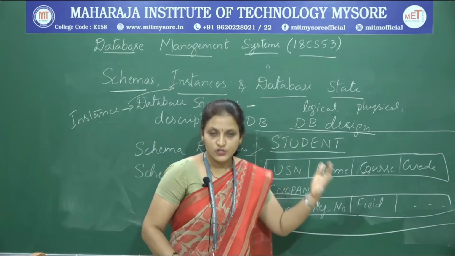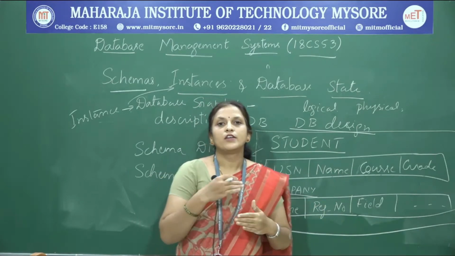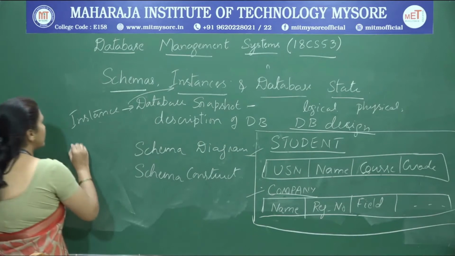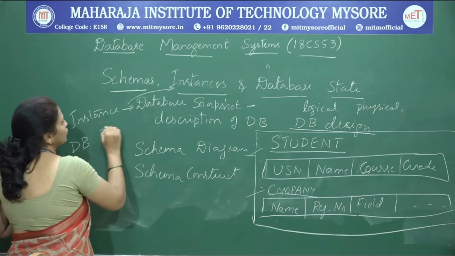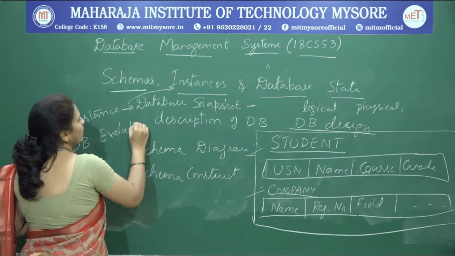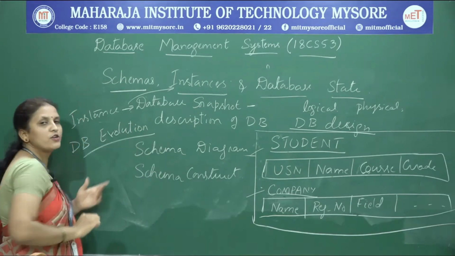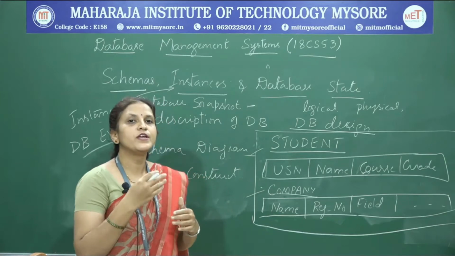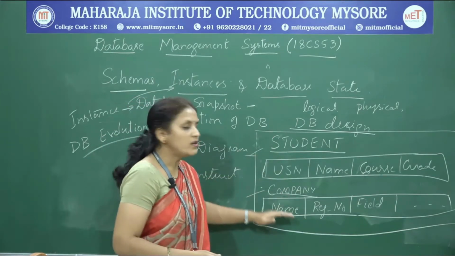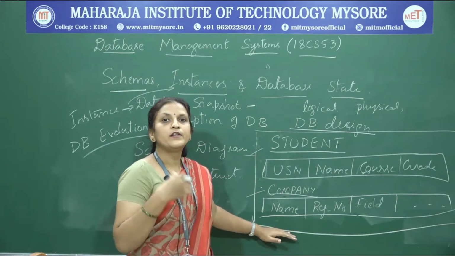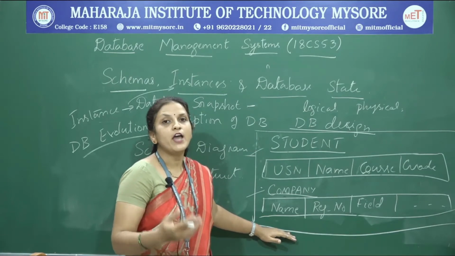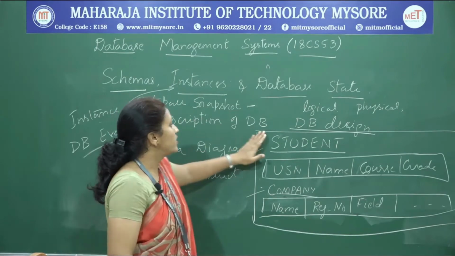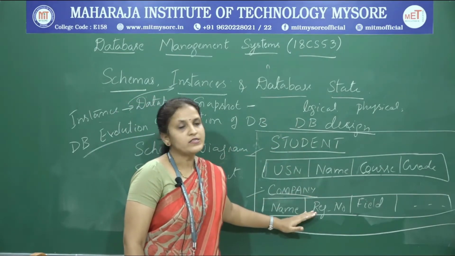If it undergoes changes occasionally to meet the requirement, then that is called database evolution. So, what do we mean by database evolution? Database evolution is nothing but the modification that is done to the schema of the database in order to meet the requirement of an application program. So, this is about our database schemas, instance and database state.